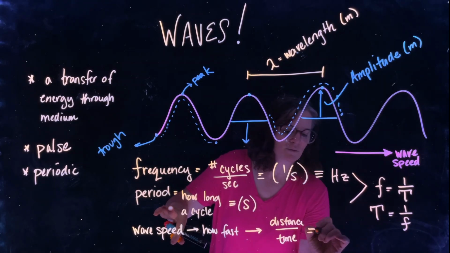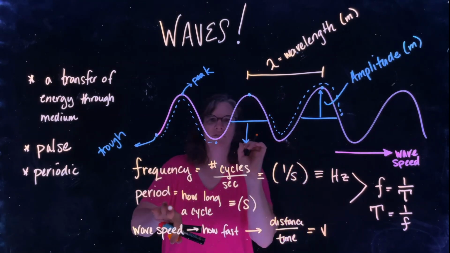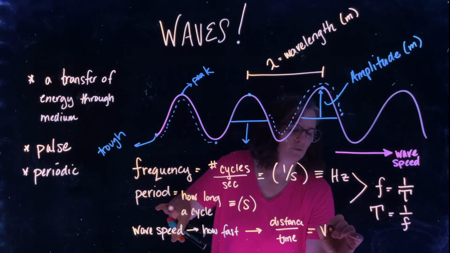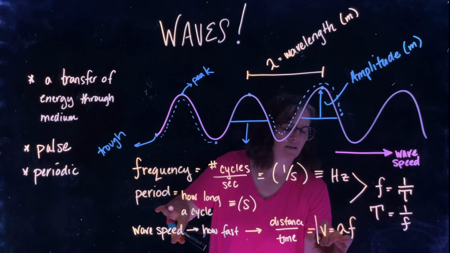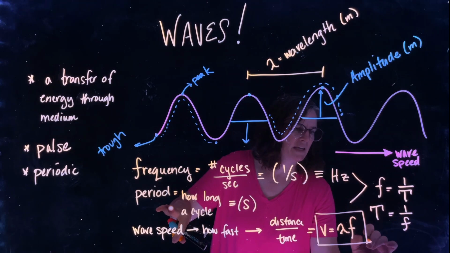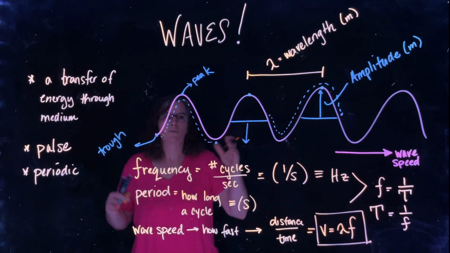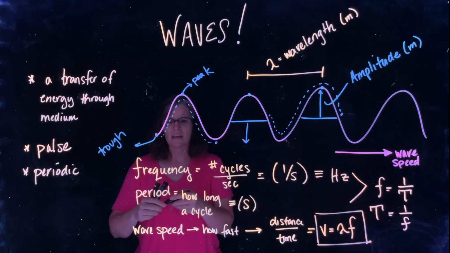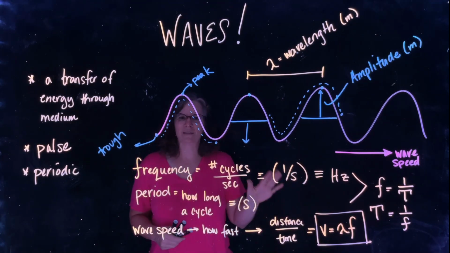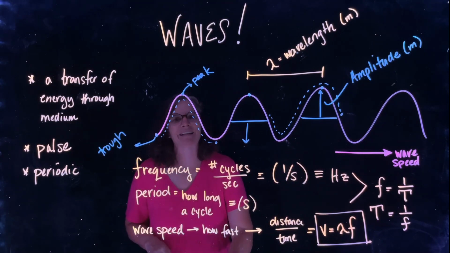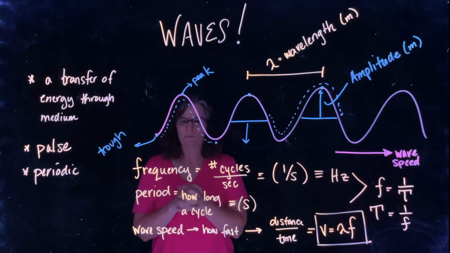So this gives rise to our wave equation, a very important and useful equation for wave speed, which tells us that the wave speed is the wavelength times the frequency. And we're going to use that in a much deeper dive in the wave speed and problems of waves traveling on a string in another mini lecture.